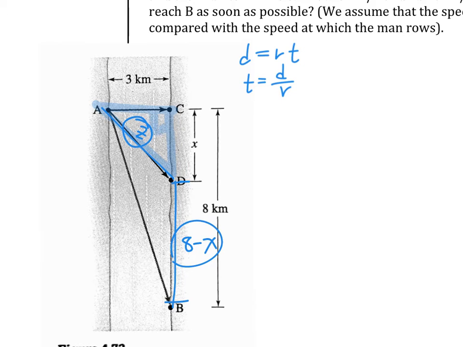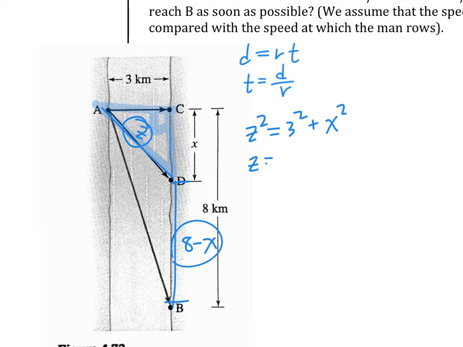It's the hypotenuse of the right triangle with sides 3 and x. So z squared is equal to 3 squared plus x squared.